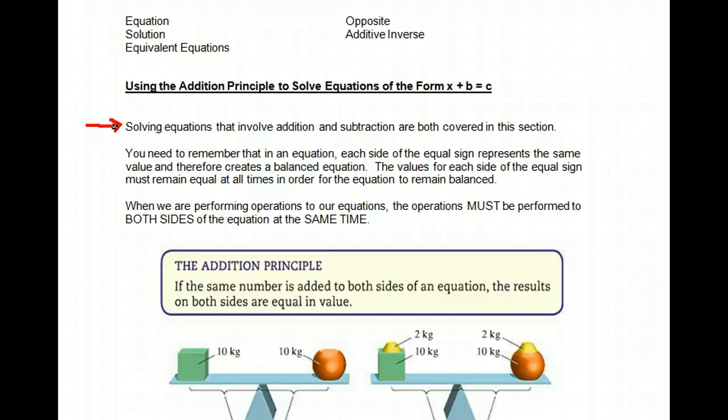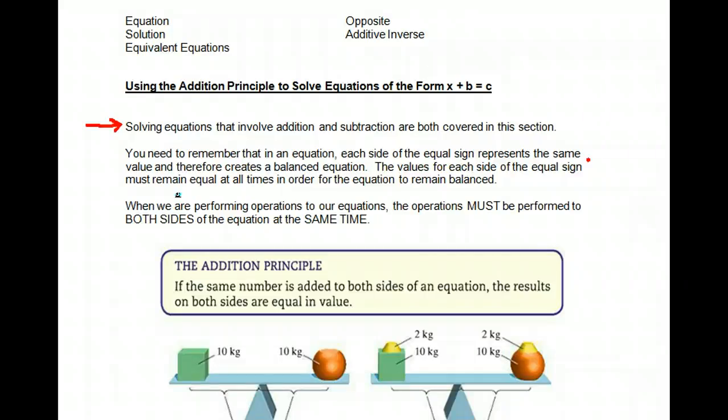Okay, now what I need you to remember is that in an equation, each side of your equal sign represents the same value. That's what an equal sign means. An equal sign is telling you that two quantities are measuring the same value.